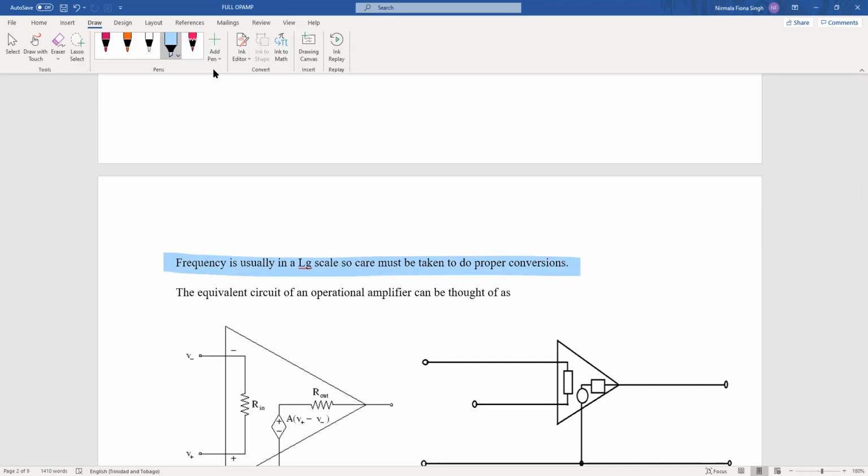Frequency is very frequently noted or written in the log scale because we get very large values. In this case, if we have a log graph, this still applies to the y-axis because it was a log scale. So we always must take proper care to convert our values before we do any sort of calculations.